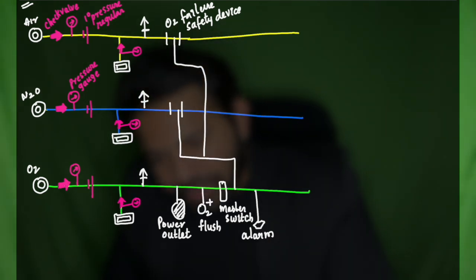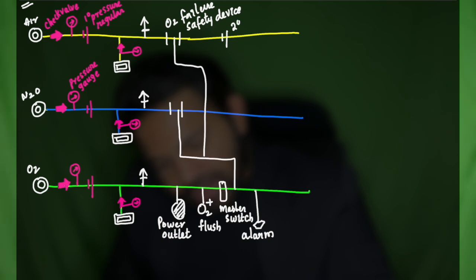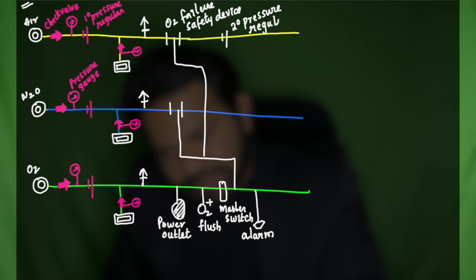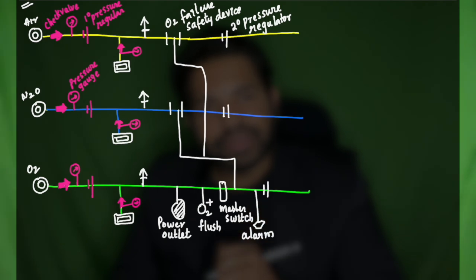Moving on, now we have the second stage pressure regulator, or secondary pressure regulator. There is a secondary pressure regulator, and similarly for oxygen also there is a secondary pressure regulator.